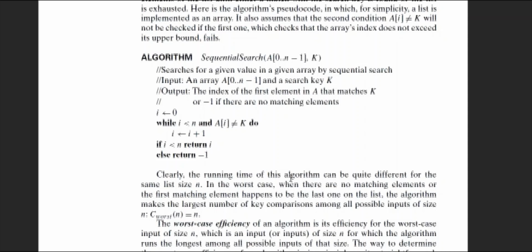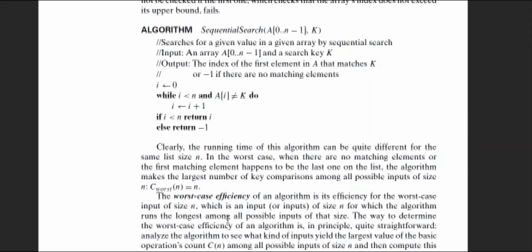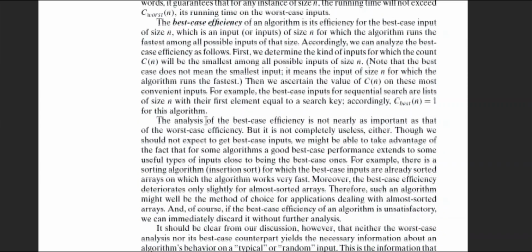In the worst case of linear search, if it is not found, we compare all the elements, so the worst case is n. The best case is when the element is found at the first position, so the best case is 1. The average case is when the element may be found anywhere between 1 and n.